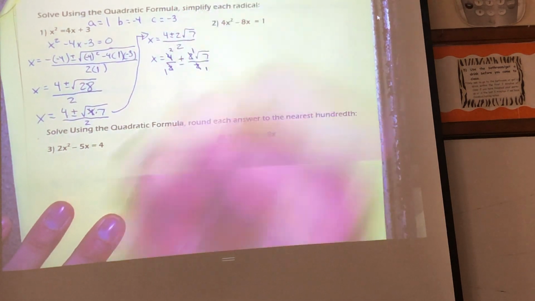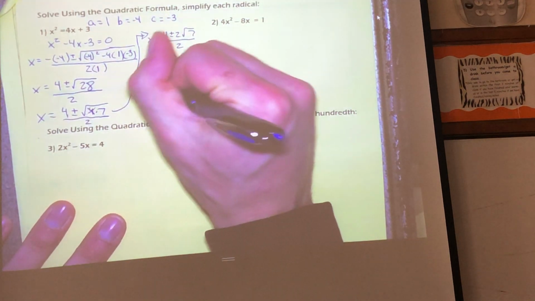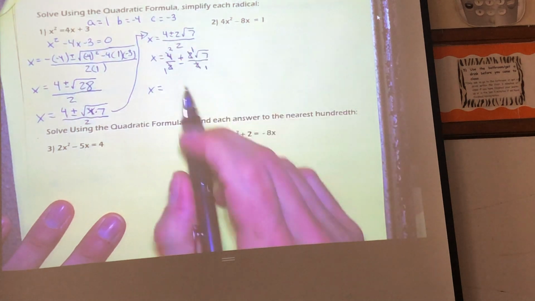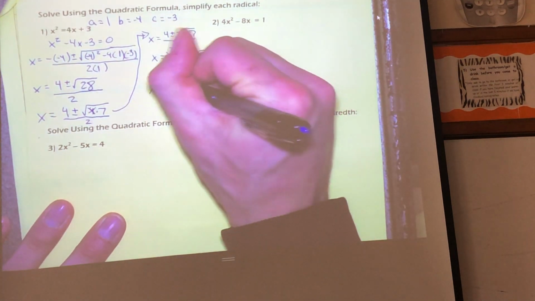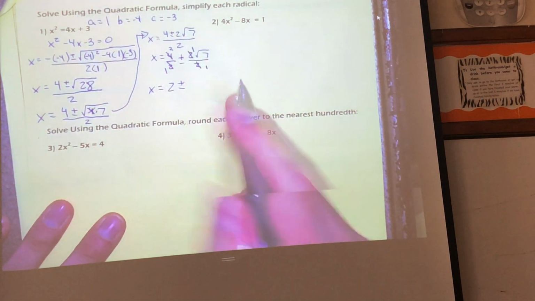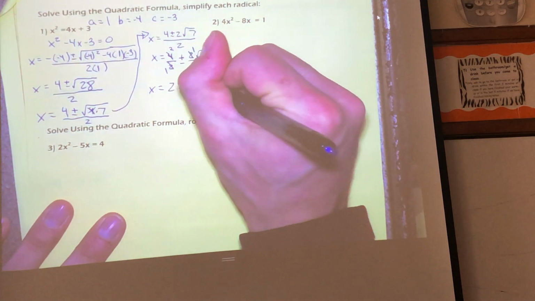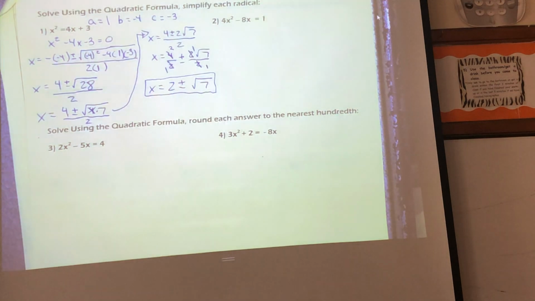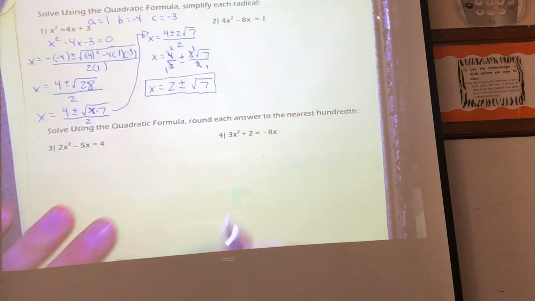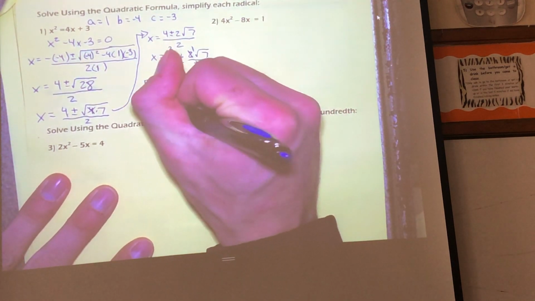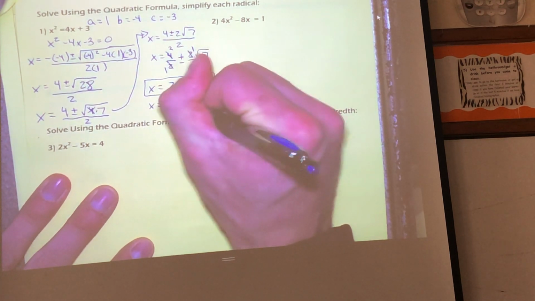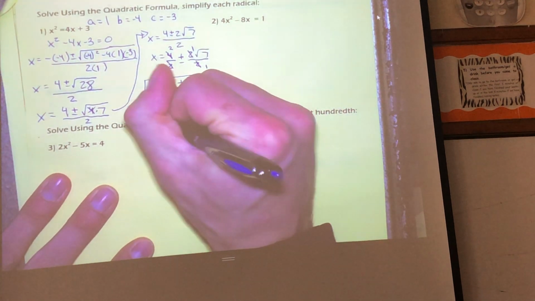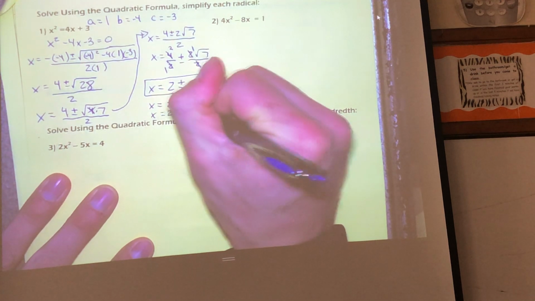They turn to 1s. So we should have x is equal to 2 plus or minus 1 radical 7, or just radical 7. As we talked about yesterday, we can leave our answer like this. The other thing you could do is break it into 2 parts. x is equal to 2 plus radical 7 and x is equal to 2 minus radical 7.